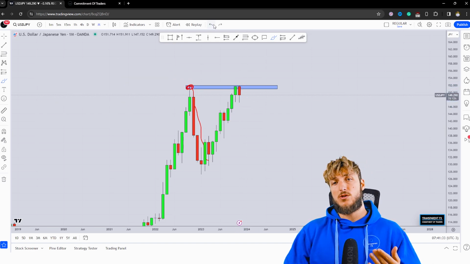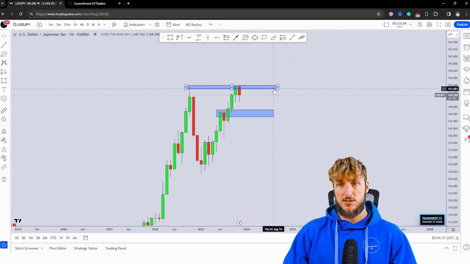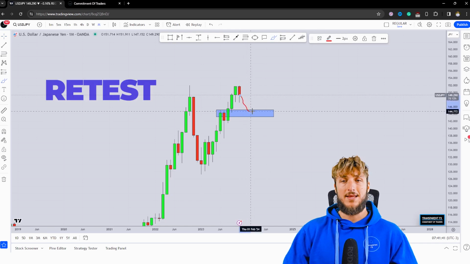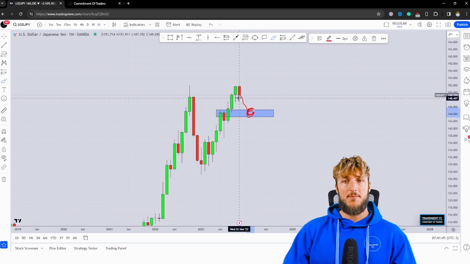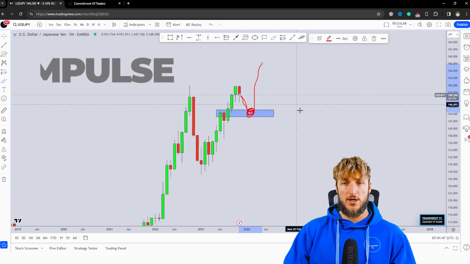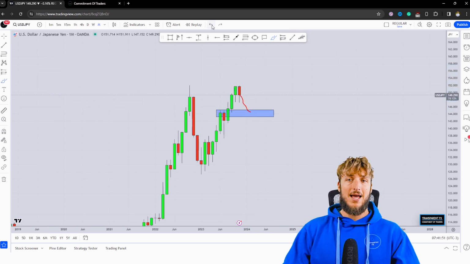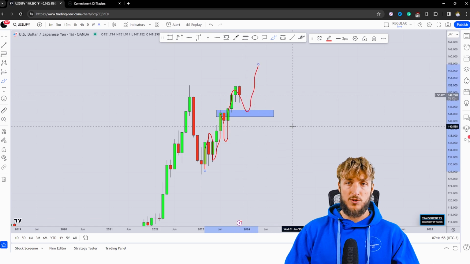Now, the nearest support in this case would be this previous monthly resistance turn support here. This market might definitely want to go and test this area to see what kind of liquidity we have inside of it. So from a monthly standpoint, we could expect a correction to this support before then getting a rejection higher and essentially continuing this uptrend that the market has been developing so far.